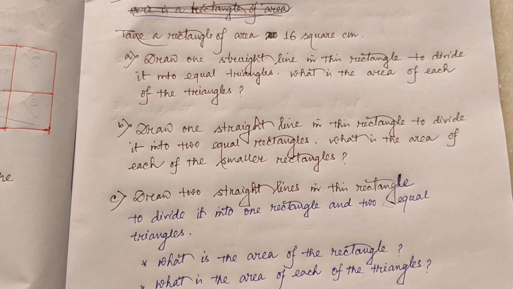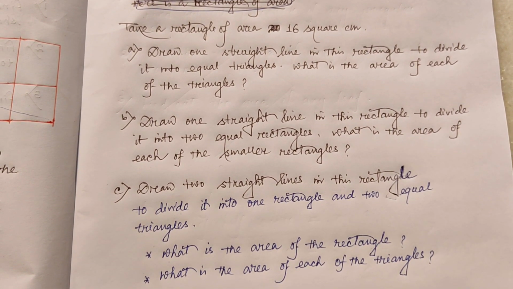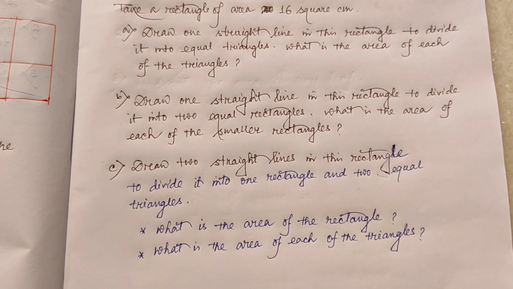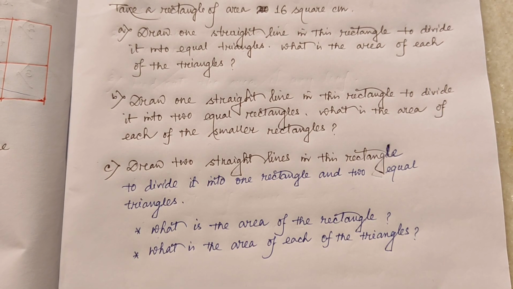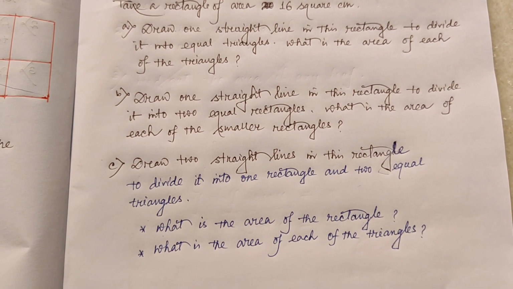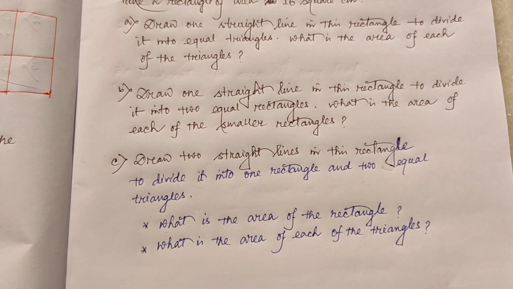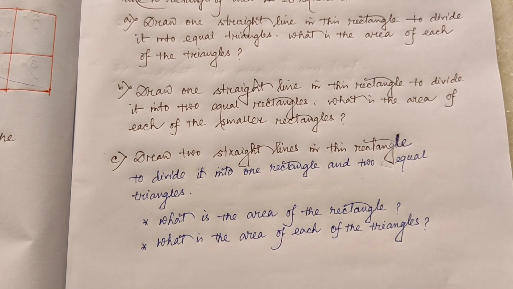What is the area of each of the triangles? Number B, draw one straight line in this rectangle to divide it into two equal rectangles. What is the area of each of the smaller rectangles?